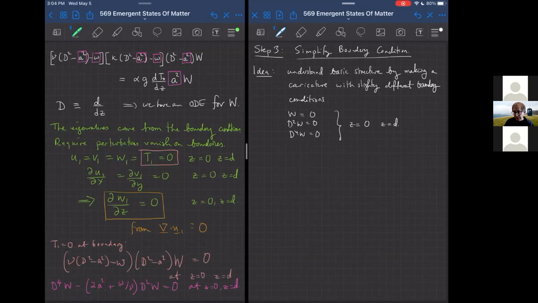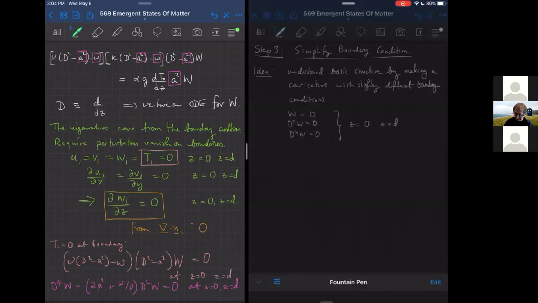The solutions, when you have just D2 W equal to 0 and so on and so forth, we know that the solutions of that are going to be harmonic functions.